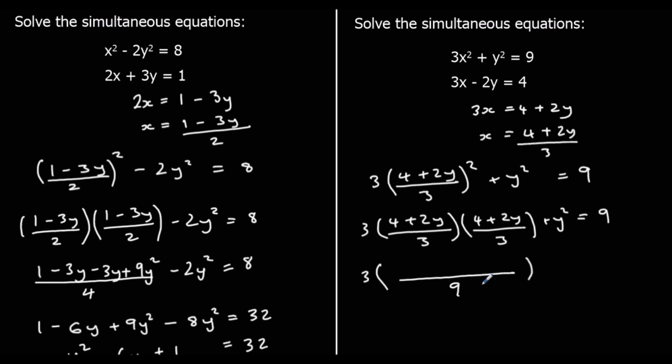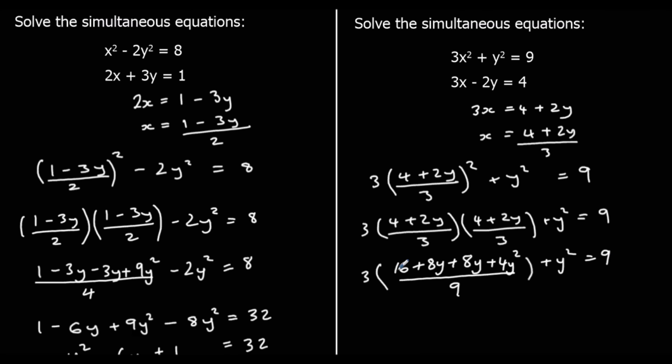Let's expand it. 4 4s are 16. 4 times 2y is 8y. 2y times 4 is 8y. And 2y times 2y is 4y squared. So we're going to multiply it by 3.